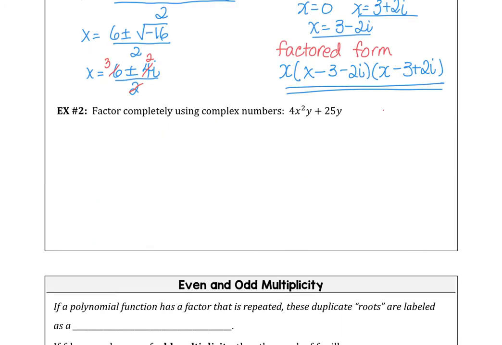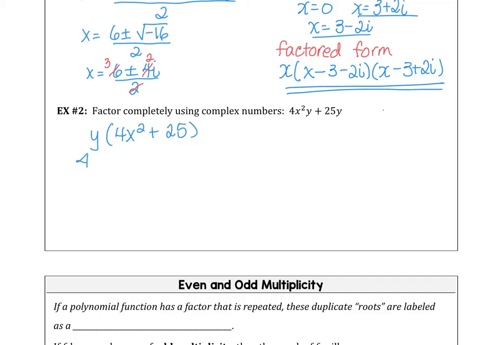If we factor this with two variables, our variables are x and y, we can take out a common factor of y. Then we have 4x squared plus 25.